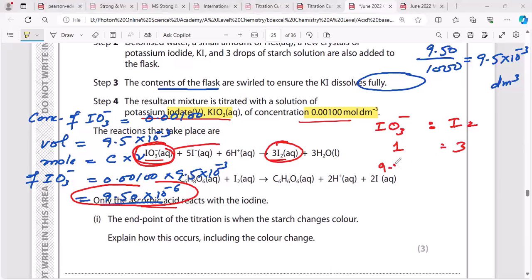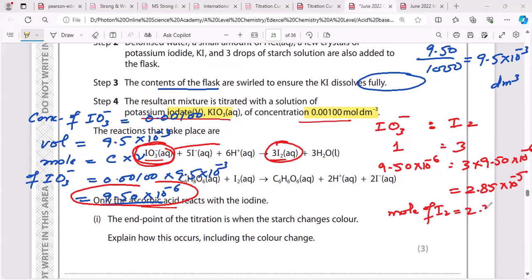If this is 9.50 into 10 raised to power minus 6, guys, then this is 3 times 9.50 into 10 raised to power minus 6, 3 times of this. So use calculator, 2.85 into 10 raised to power minus 5 moles. Guys, the moles of iodine is 2.85 into 10 raised to power minus 5.